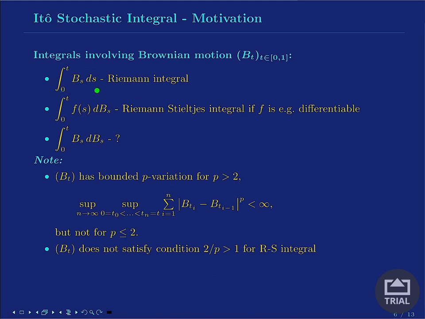This integral can be defined almost surely, so for each sample path, or say almost all sample paths to be correct. Similarly, if we have, for instance, a differentiable function f, then since B is continuous, the Riemann-Stieltjes integral of f with respect to B also exists.